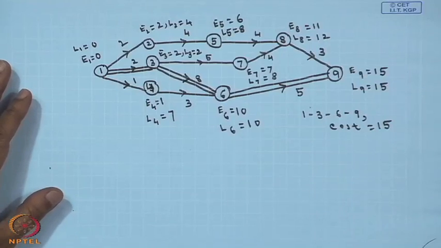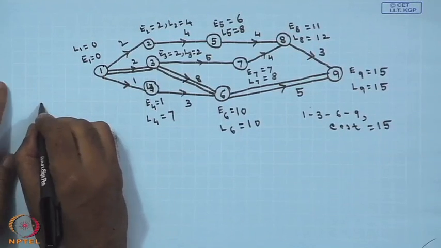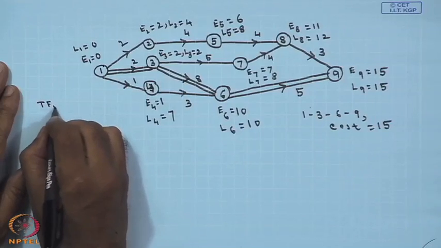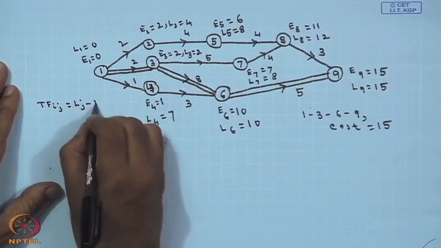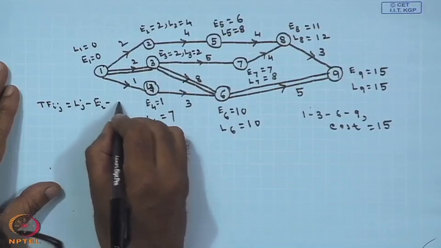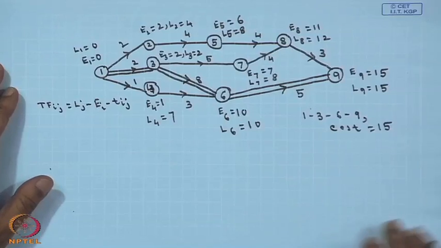Now, we want to calculate the TFIJ. If you remember, the formula for total float is LJ minus EI minus TIJ.